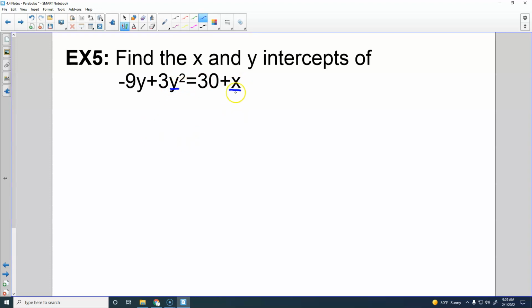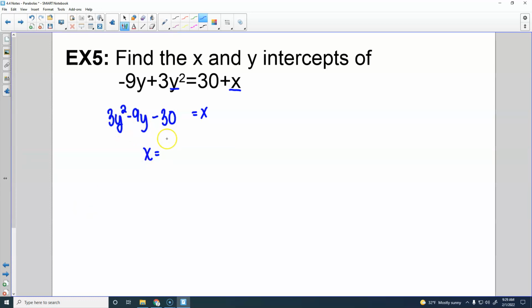So let's move this around a little bit. So I would have x equals, I could move that 30 over here. I'm going to put the 3y squared first. That should be minus 30. I'm going to move it over. I like for that x to be on the left-hand side, so I'm just going to switch here.